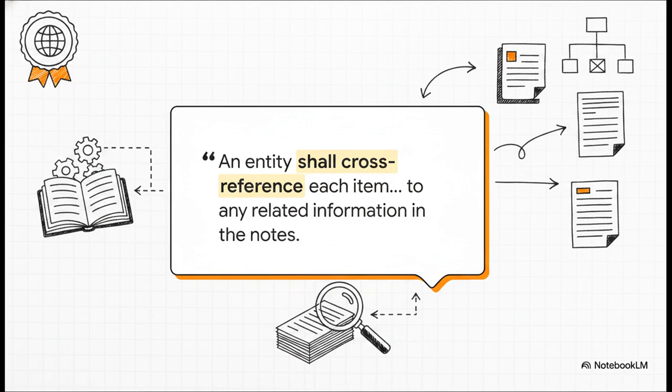And it repeats that exact strict requirement: entities shall cross-reference each item to any related information in the notes. And remember those ground rules we talked about earlier? Because of parity, this exact same systematic presentation and cross-referencing rule applies under IFRS too. So if you're failing to do this, you are straight up failing to comply with Ind AS 1.